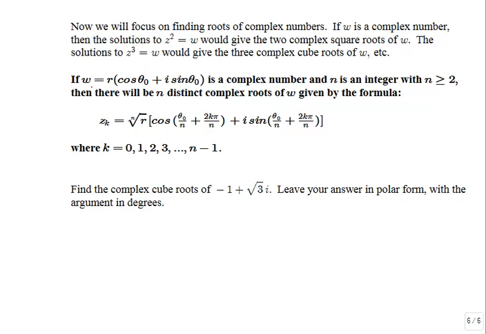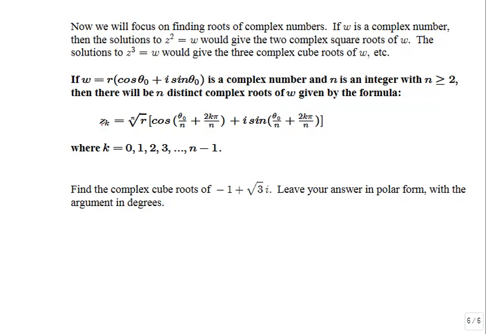So if we let w be r parentheses cosine theta sub 0 plus i sine theta sub 0, and that's any complex number, and we let n be any integer greater than or equal to 2, then there are going to be n distinct complex roots of this complex number, and this is how you would figure them out.